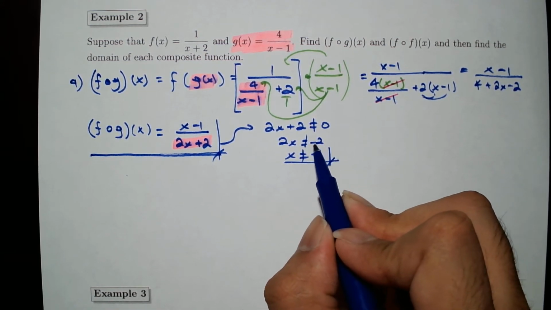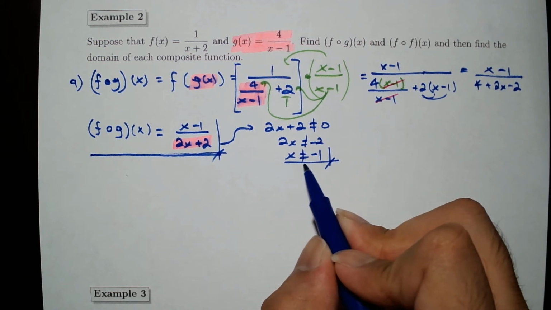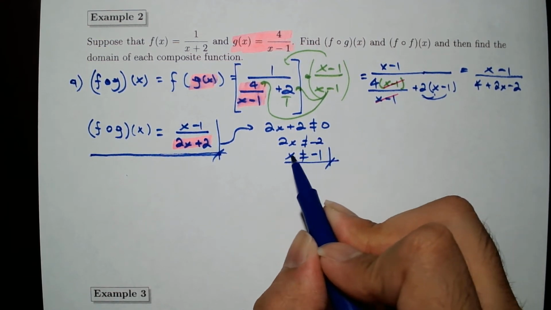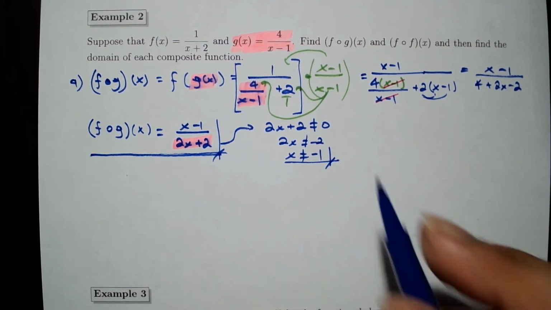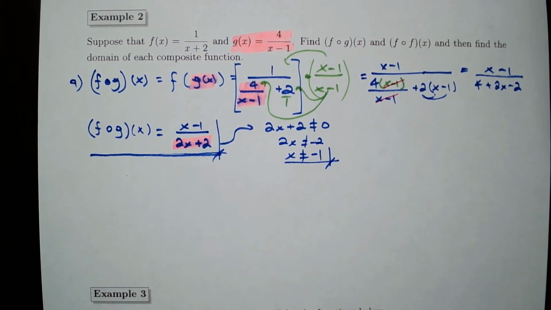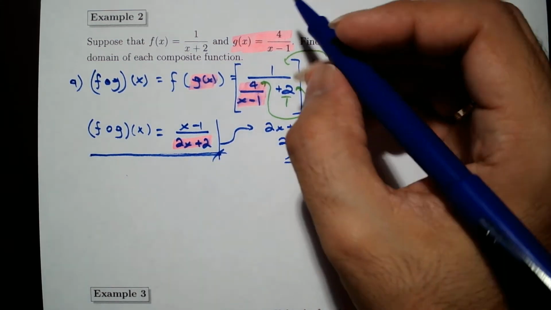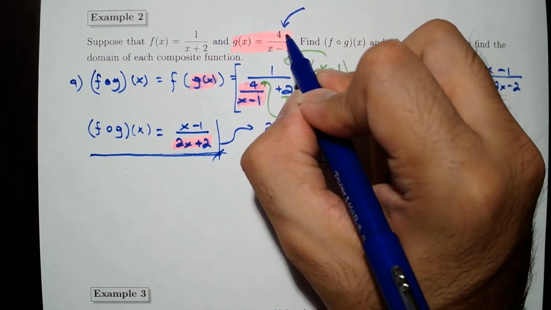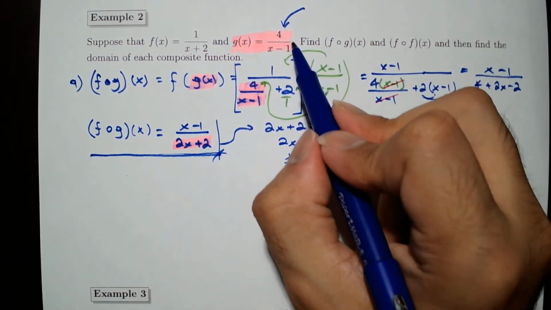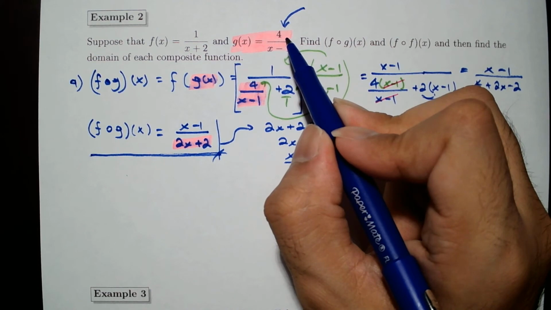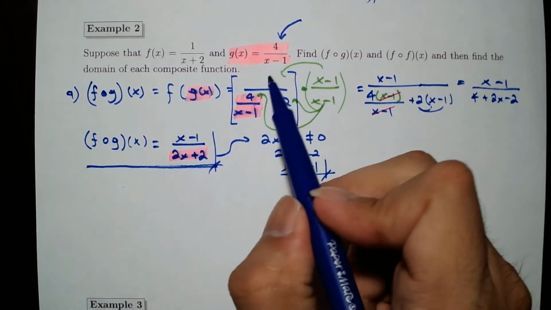However, I claim this is not going to be the only number excluded from the domain. So notice that when we substitute 4 over x minus 1, this 4 over x minus 1 already comes with a restriction.